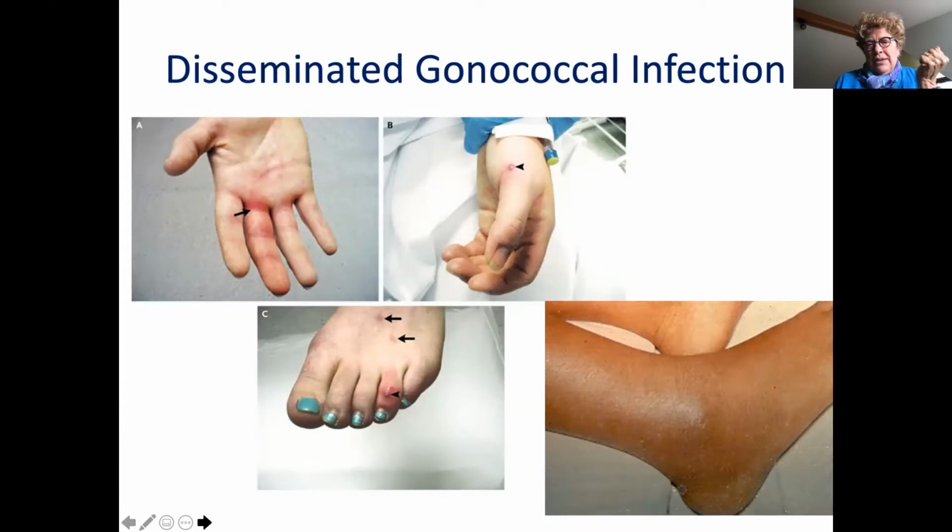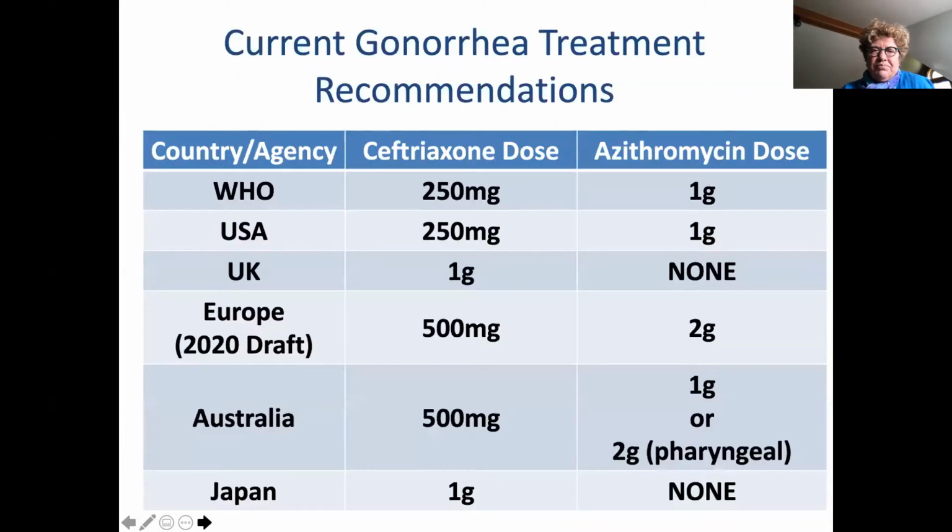The way you diagnose it is tenosynovitis, particularly in the hands. Pustules, the one on the wrist is classic, where if you unroof it, you'll get an exudate, or on the toe, and then you can get septic arthritis. So something to think about, and it's usually diagnosed through blood cultures and or joint fluid.